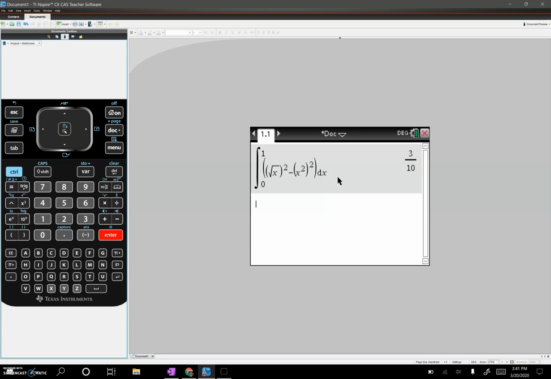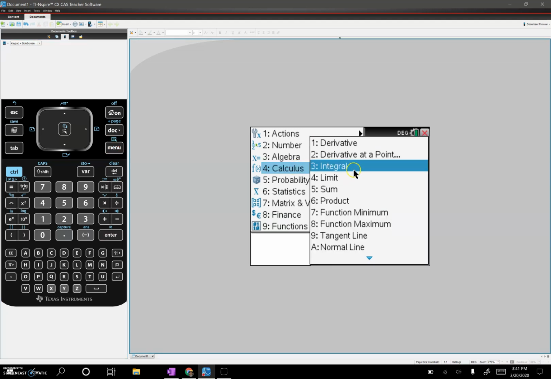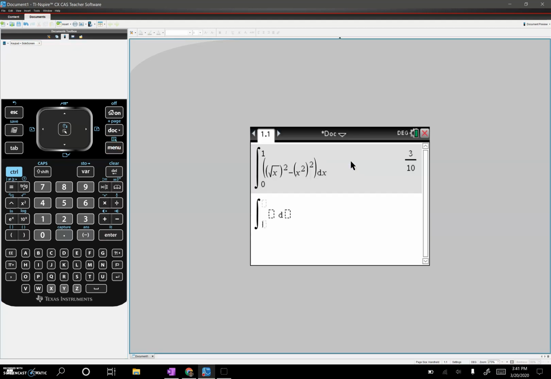Let's try it again. Menu, calculus, I have integral, you might have numerical integral. I'm going to go from 0 to 1, and this time I'm going to expand, so it's a little bit easier. It's going to be x minus x to the 4 of dx.